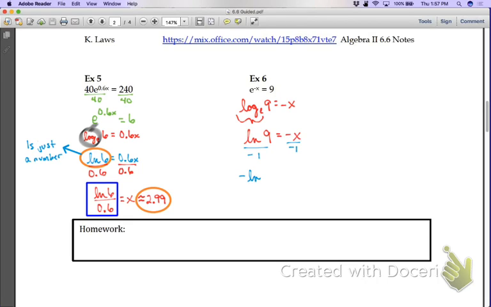So the negative natural log of 9 is my exact answer. But if it asks for the decimal, it's about negative 2.2. Both answers are right. One's exact, one's abbreviated, essentially.